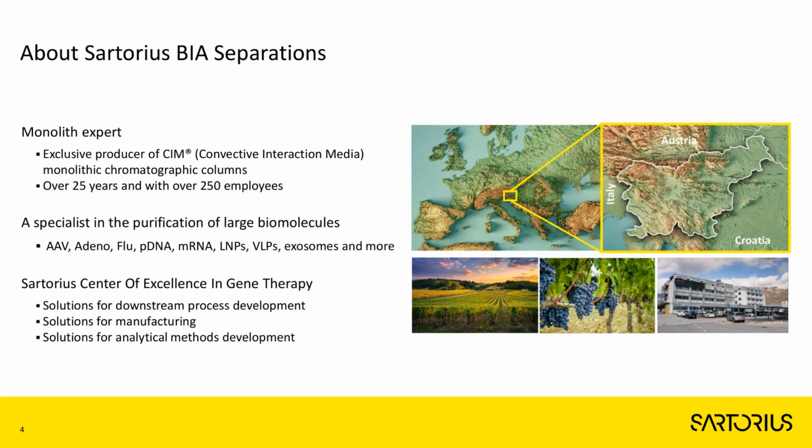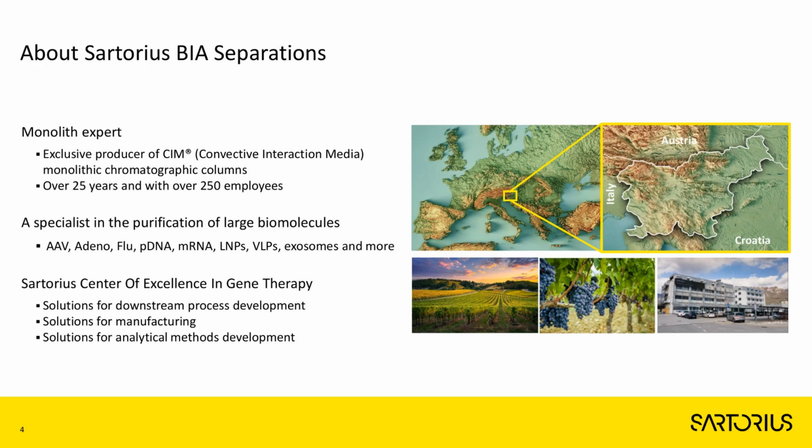So first, a little bit about Sartorius BIA Separations. We are based in Slovenia, which is a country that is bordering Austria, Italy, and Croatia. And more specifically, we are located in Ajdovščina, which is a region famous for its wine.